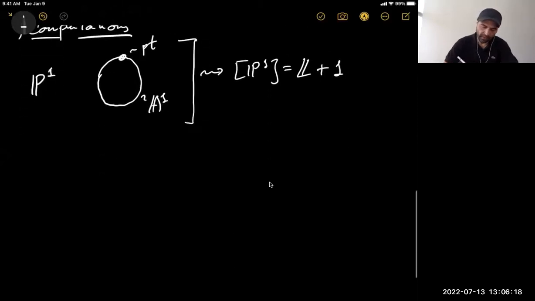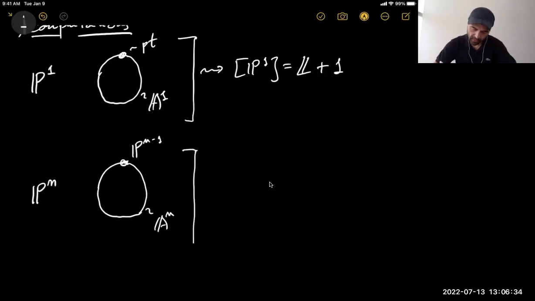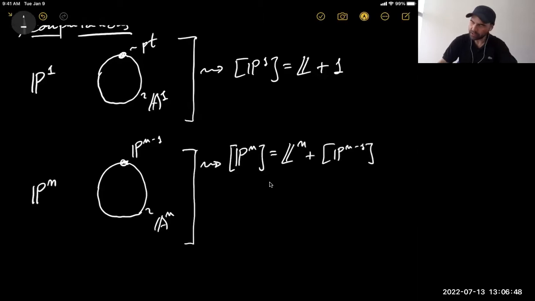And then in the same spirit, for projective space, you can obtain it by gluing P^(n-1) with the n-dimensional affine space. And so once again, using these scissor relations, the class of the projective space P^n is equal to L^n plus the class of P^(n-1), and then by recursion, it's L^(n-1) plus the class of P^(n-2).